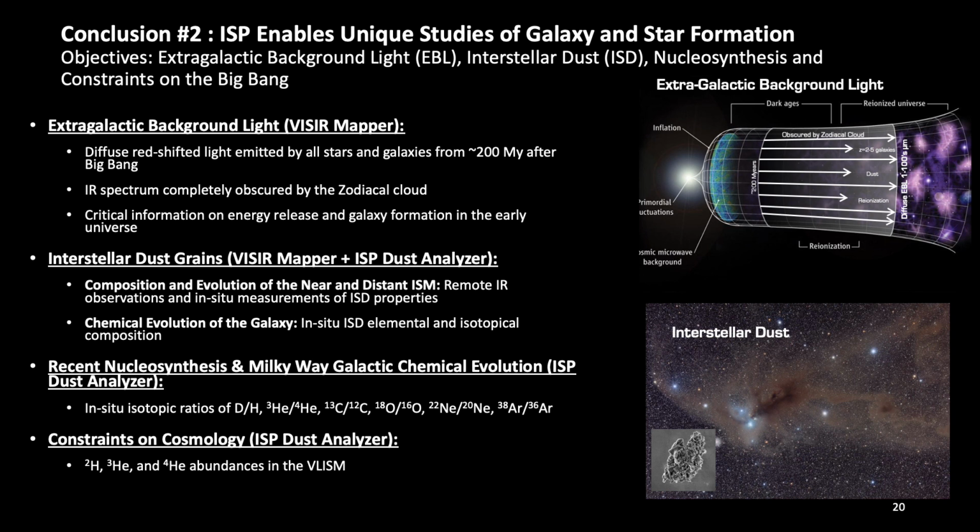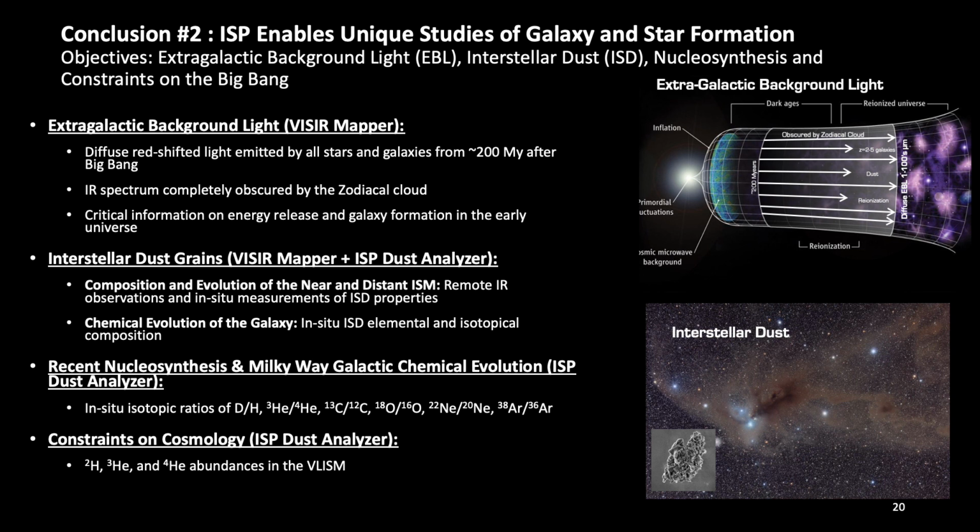Finally, going back to the lighter elements, because they haven't changed much over the course of the universe, by looking at the deuterium, tritium, helium-3 and helium-4 abundances in the local medium, in the pristine galaxy, using both ISP's dust analyzer and its neutral gas spectrometer, separate talk, separate discussion, we're going to get really good measurements on cosmological species that were made in the Big Bang. And so ISP can also do cosmology directly by chemical measurements.